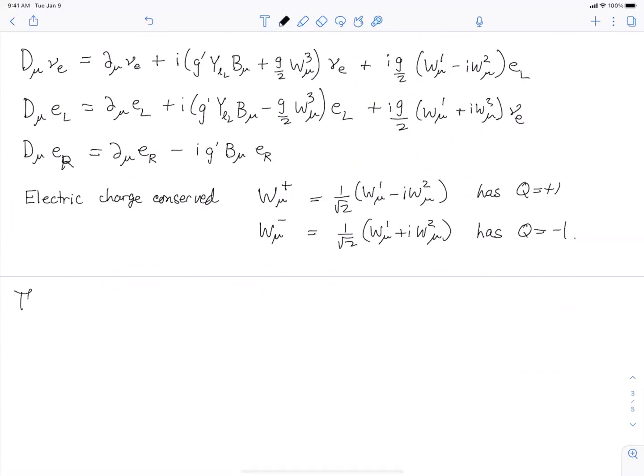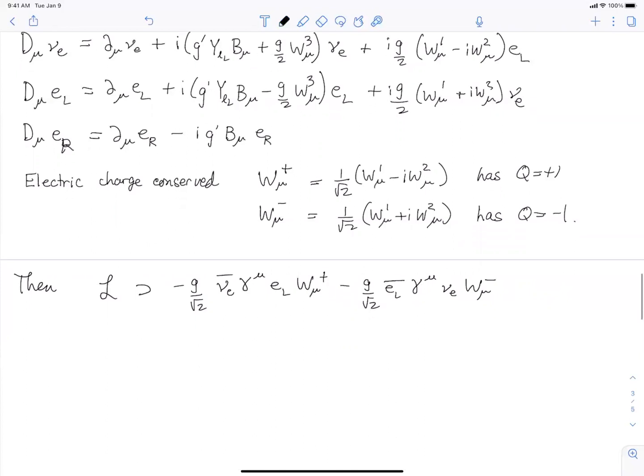So what you get is that the Lagrangian contains minus g over square root of 2 nu E bar gamma mu E left W mu plus. E left means, of course, P left acting on the full field E. Okay, and then there's minus g over root 2 E left bar gamma mu nu E W mu minus.